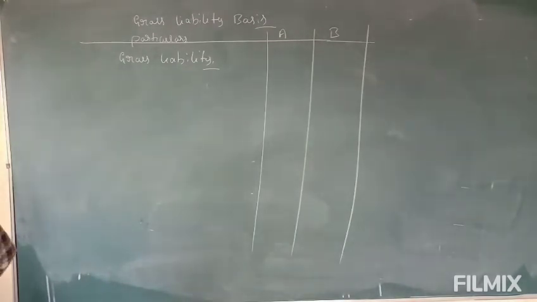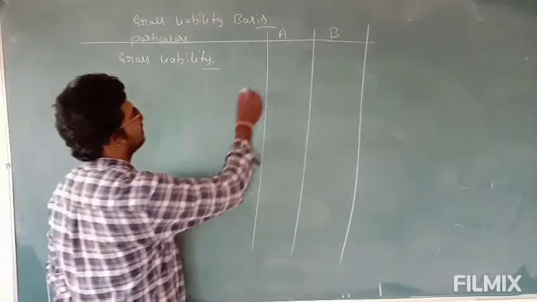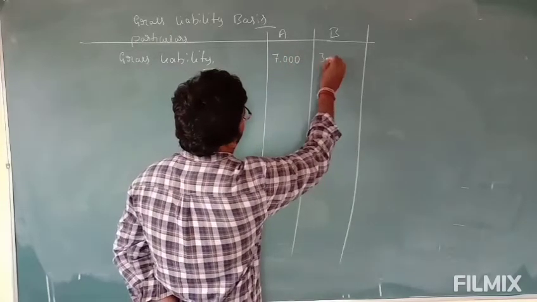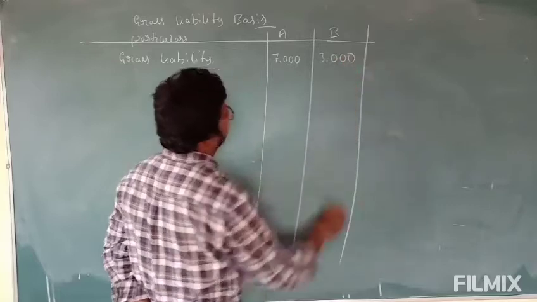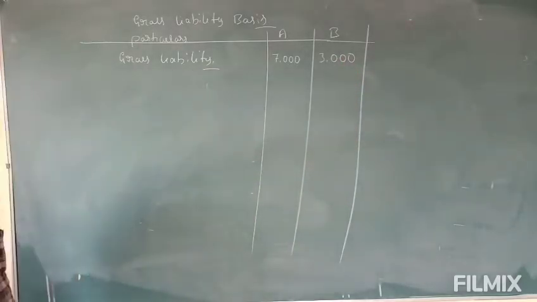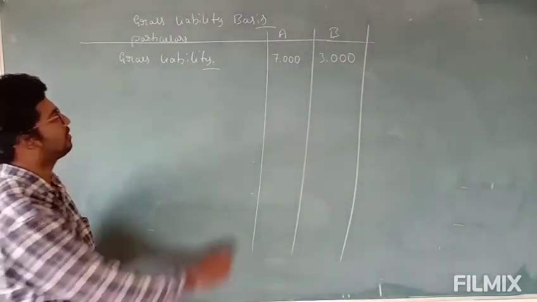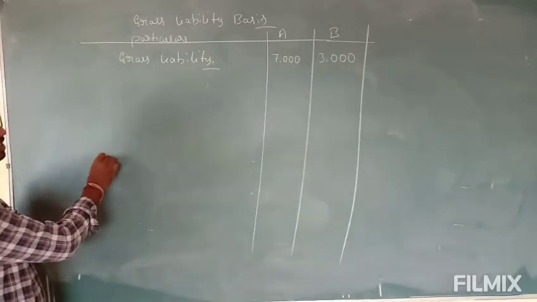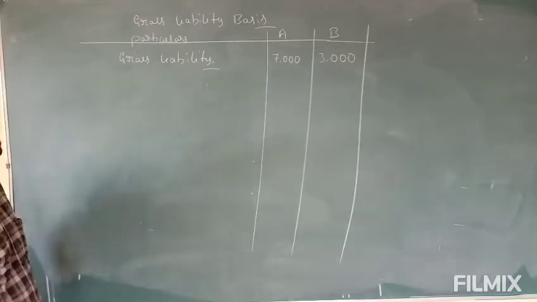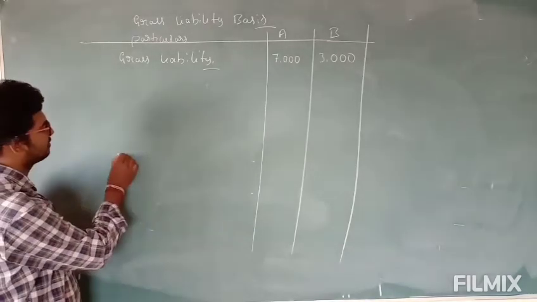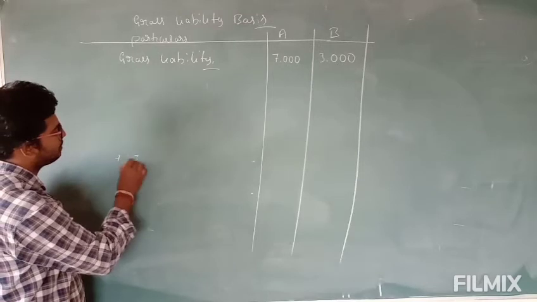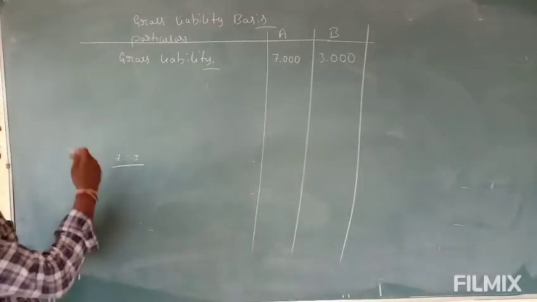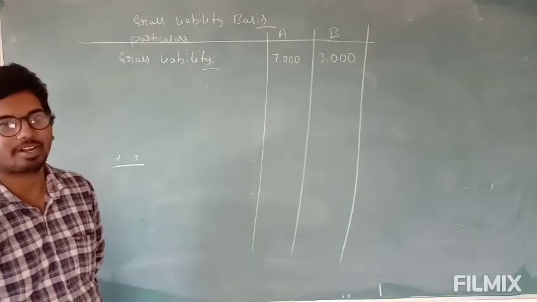Underwritten by A 7,000, B 3,000. That is what I call gross liability. We are going to take that ratio, that is 7,000 is to 3,000. When you simplify 7,000 is to 3,000, we get 7 is to 3. On that basis, we are going to distribute the unmarked applications.